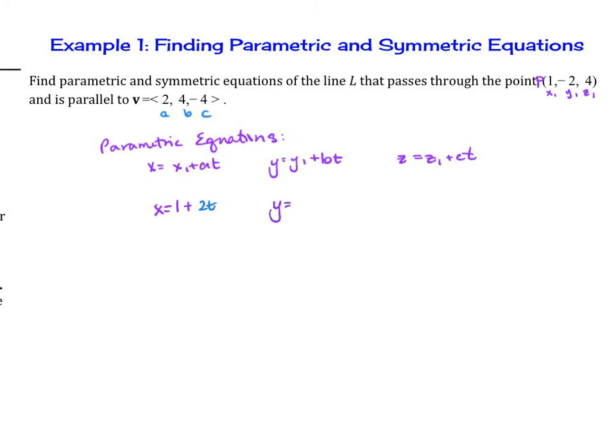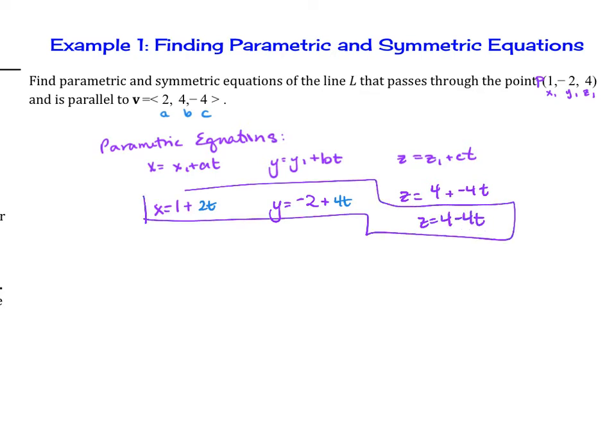Then y equals y sub 1, which is -2, plus b, which is 4, times t. z equals z sub 1, which is 4, plus c, which is -4, times t. And then you could simplify that, so z equals 4 minus 4t. So these are the parametric equations.